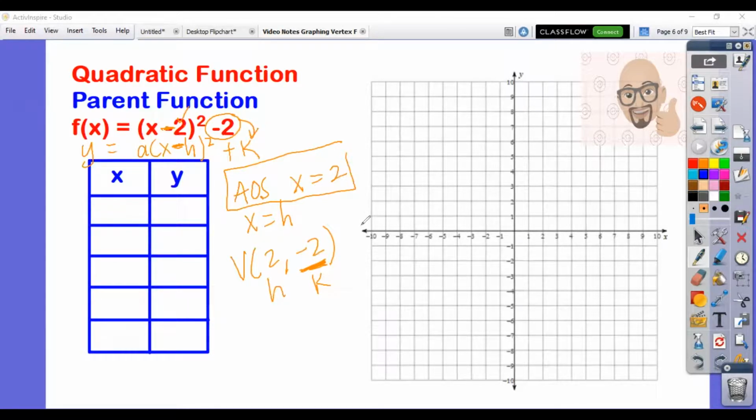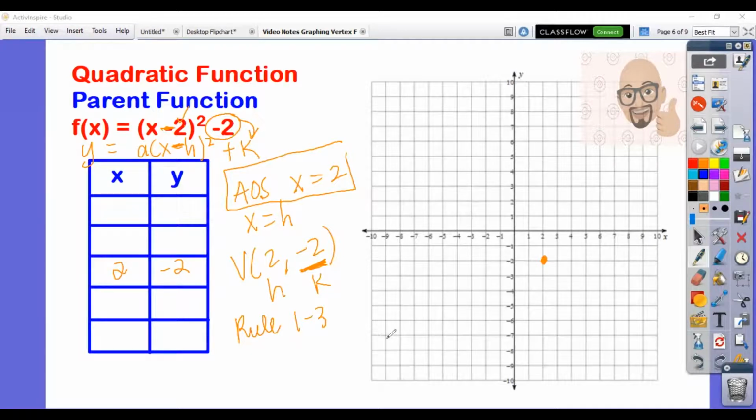If you would like to draw a table of values, I'm going to put in the middle 2 and negative 2. That's my vertex, this orange point here. Now, applying the Rule 1-3-5, you can use 1-3-5 or 1-3. It doesn't matter. We can stay with 1 and 3. The Rule 1-3 tells you how much you go up.